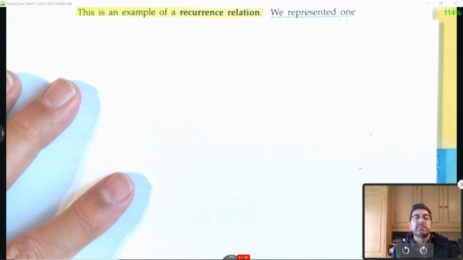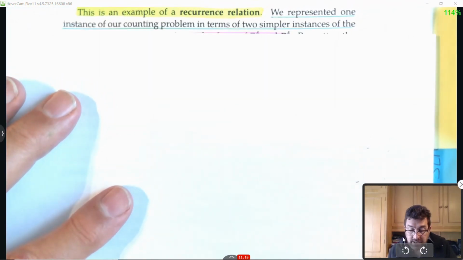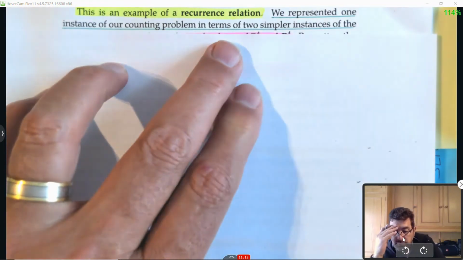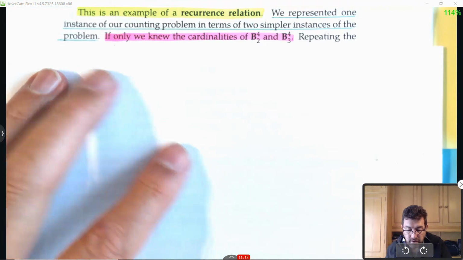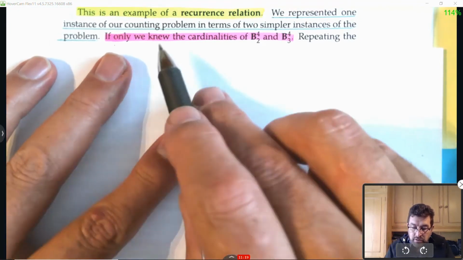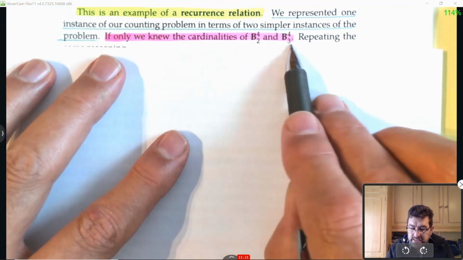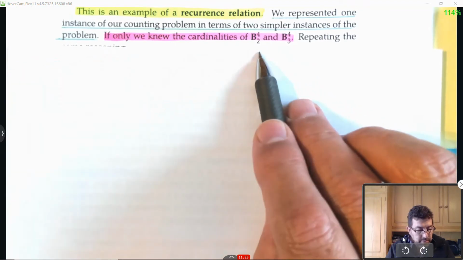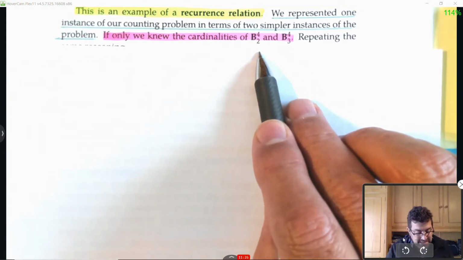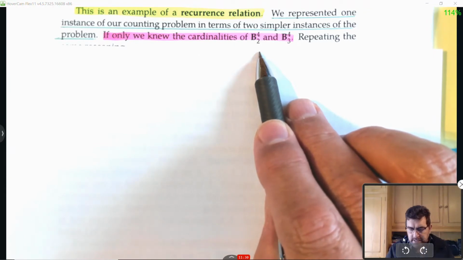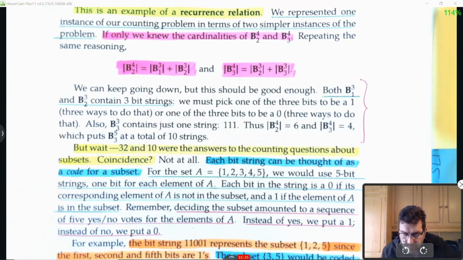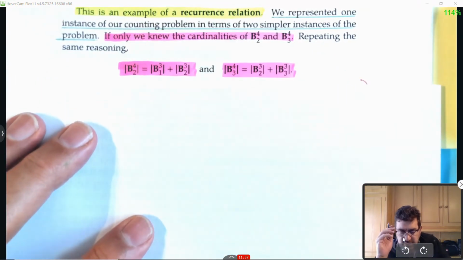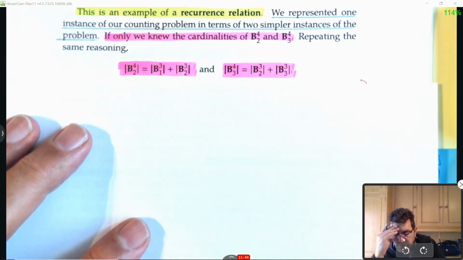We represented one instance of our counting problem in terms of two simpler instances of the problem, if only we knew the cardinalities of those two sets. Now remember, the cardinality of a set is the number of elements that lie in that set.